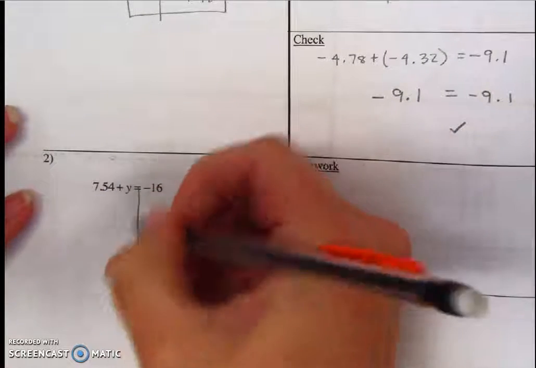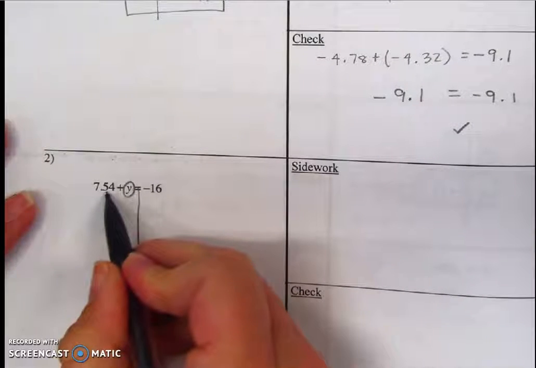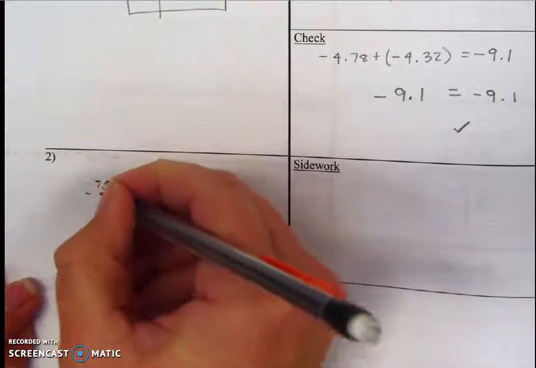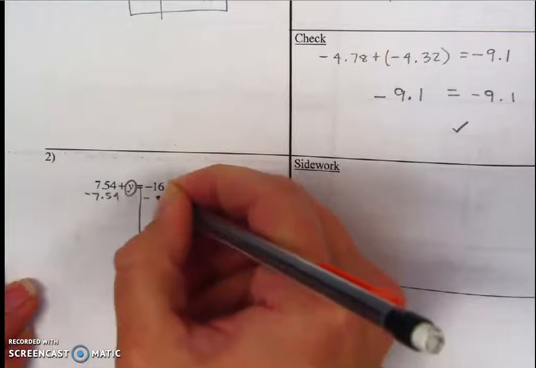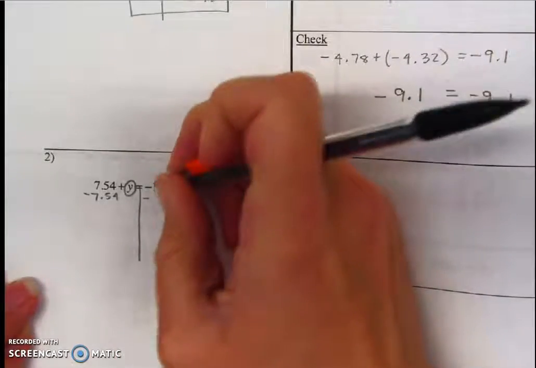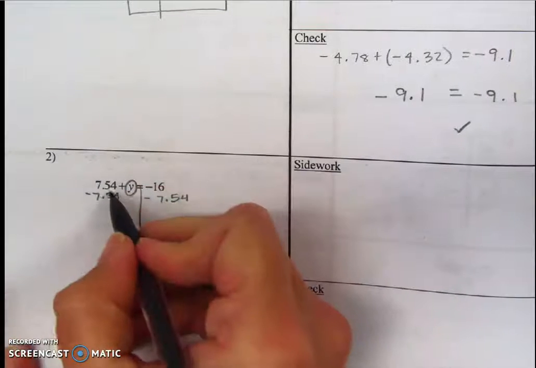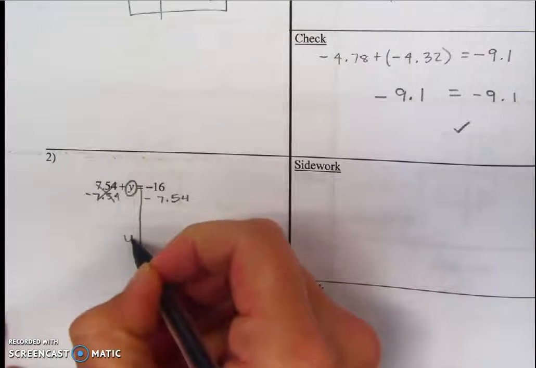All right, on to the next one. Draw the line, circle the variable. Right now they're adding to it a 7.54. Did I say 34? I meant 54. There we go. So to get rid of the 7.54, I need to subtract, and whatever I do to one side, I have to do to the other. So I know that these will cancel out to 0, and all I would have left is the y.